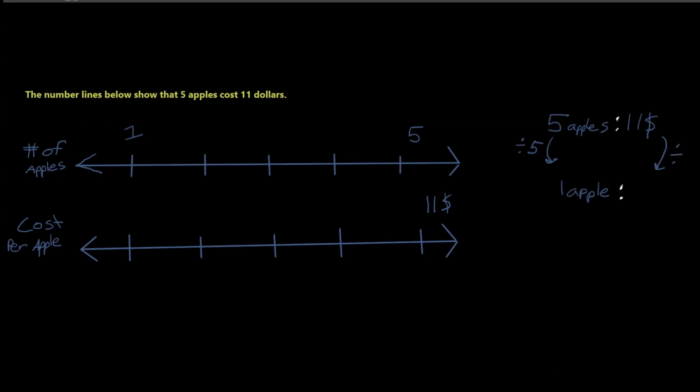We can write this as a fraction, 11 fifths. But remember that we're talking about cost here, so I need to write it in the amount of money. Well, we can write 11 fifths as 2 and 1/5. And then 2 plus the cent amount. So 1/5 of a dollar will be 20 cents. So the cost of 1 apple is $2.20 here.